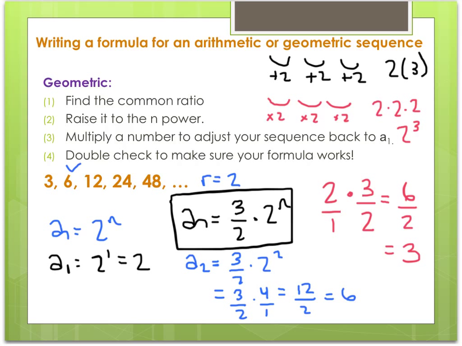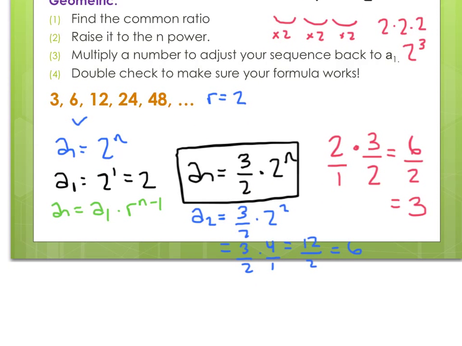We can also use the formula a sub n is equal to a sub 1 times r to the n minus 1 power. Now using this formula, plugging in what we already know, a sub 1 we have is equal to 3, r we found to be 2. So we have a sub n equals 3 times 2 to the n minus 1.